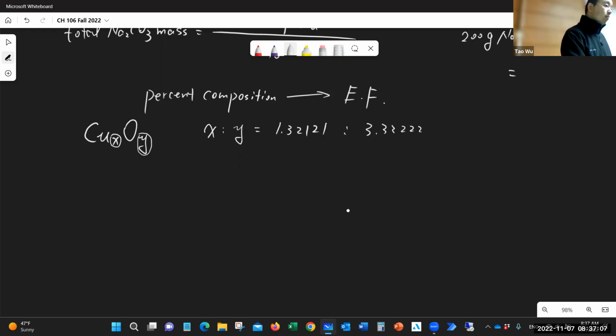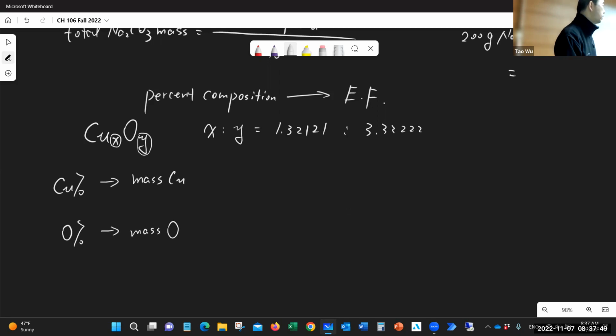So first of all, what do we do? The question should give you the percent composition for the copper and oxygen. Either they tell you the copper percent in this compound or the oxygen percent, so it will tell you one of these. Based on the percent of copper and percent of oxygen, you try to figure out the mass of those elements. First you figure out the mass of the copper, then the mass of the oxygen.